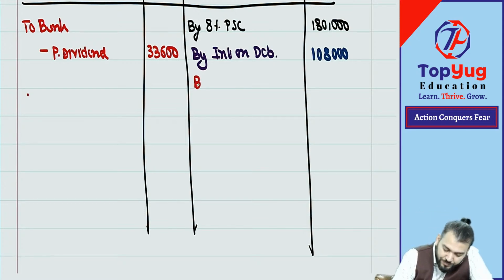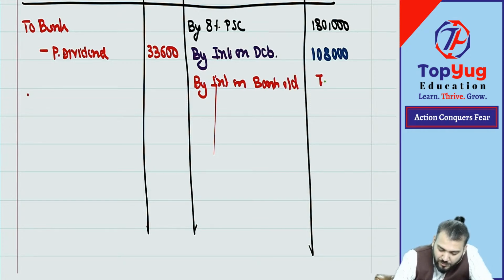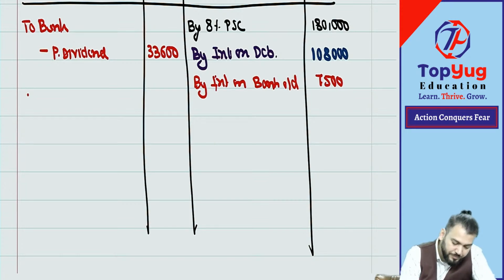So by, can I say interest on bank overdraft? 7,500. Then what?